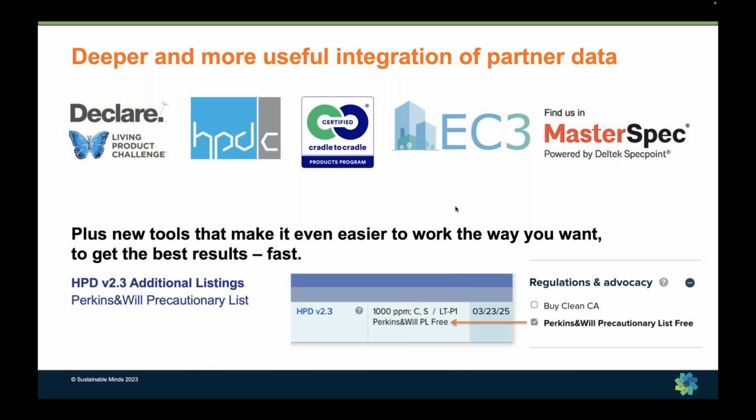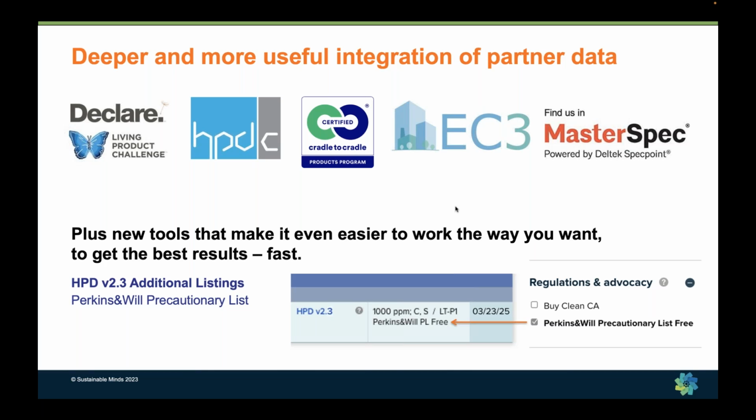So we announced this when the HPD announced their 2.3 release, that we will be implementing filters for the additional lists included in the HPD now in 2.3. And the first one we'll be implementing is the Perkins & Will precautionary list free filter.